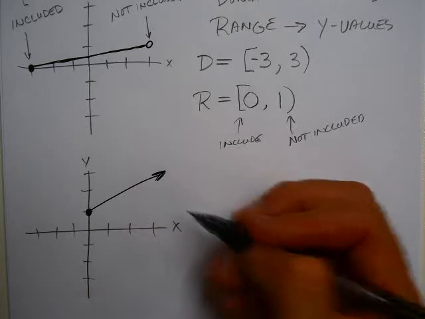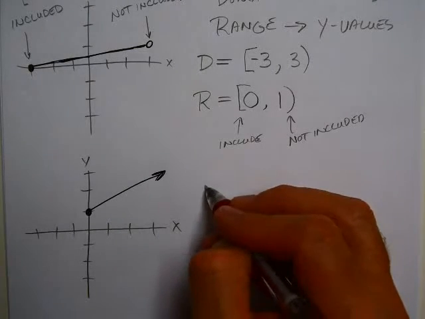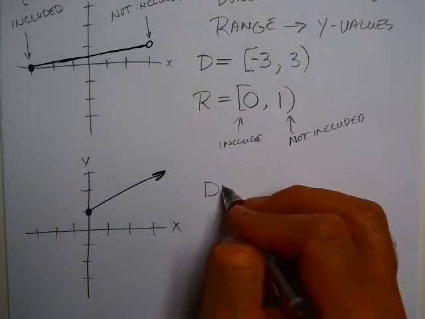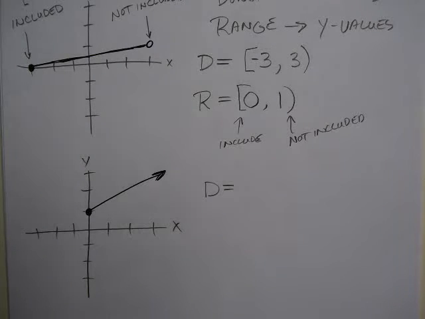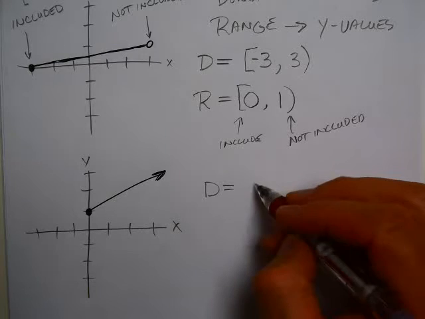Pretend that's a straight line. Where do the x values start for this function? At 0, yeah, I heard a whisper at 0.